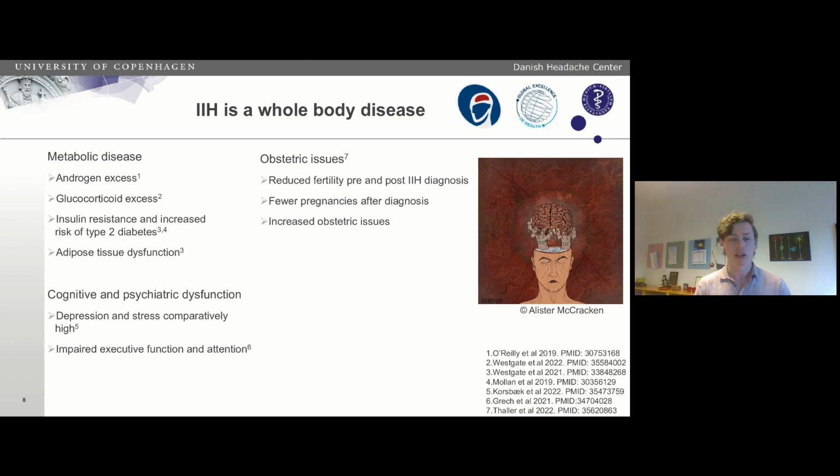Moreover, it's a cognitive and psychiatric disease, and it's also associated with obstetric issues. All of this, of course, in itself is an issue, but you have a population of women who are young, should be economically active and maybe wanting to have children. This is an issue. And I think this illustration on the right-hand side sums up the disease pretty well.